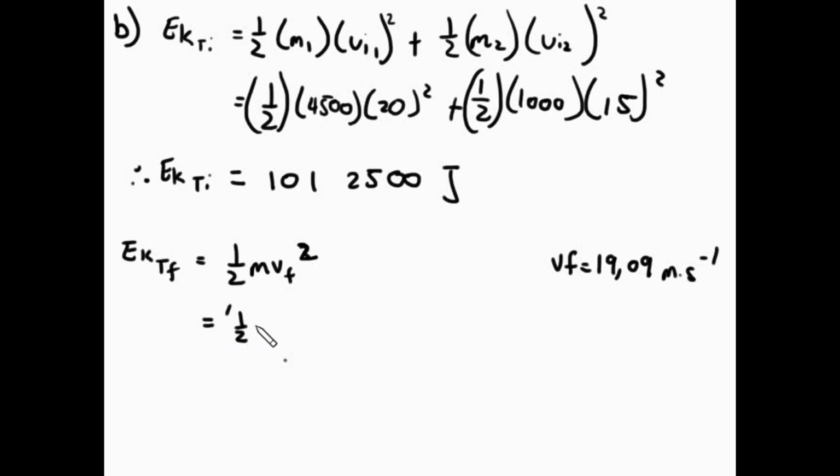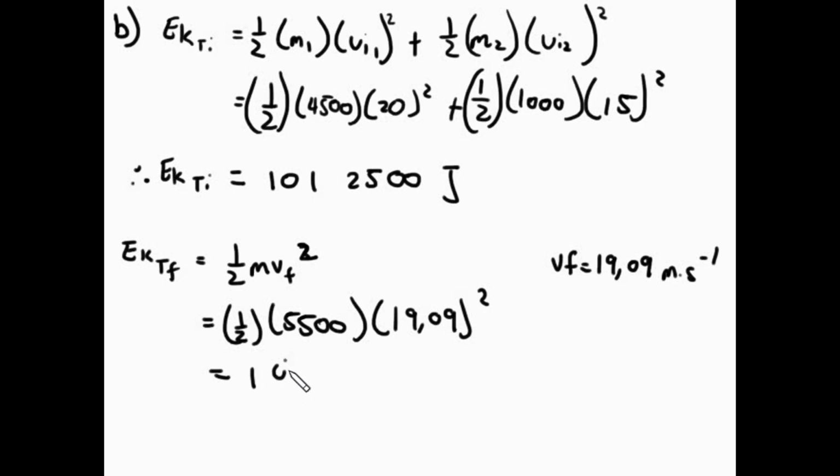So half times 5,500, which is 4,500 plus our 1,000, times 19.09 meters per second squared, and we get an answer of 1,02,177 joules. And that is therefore our final kinetic energy, our EKTF.